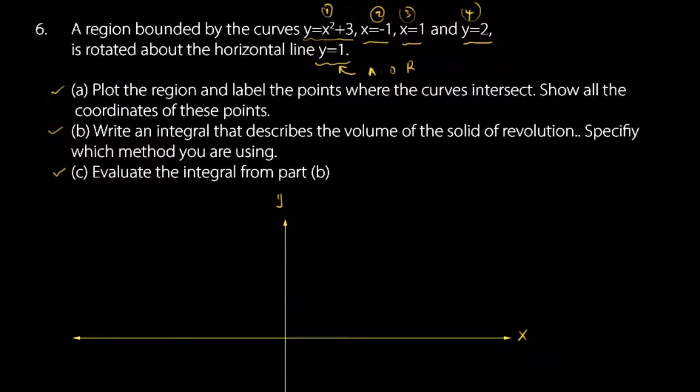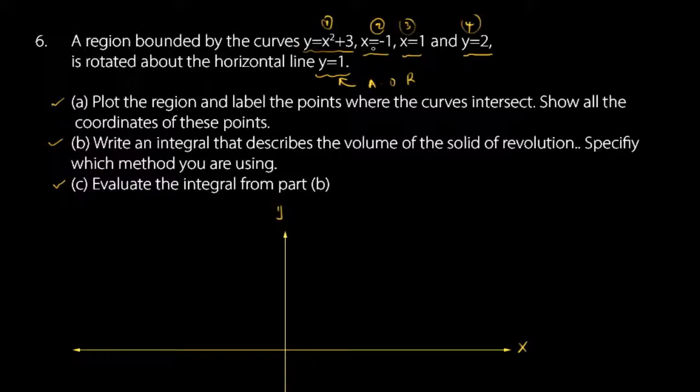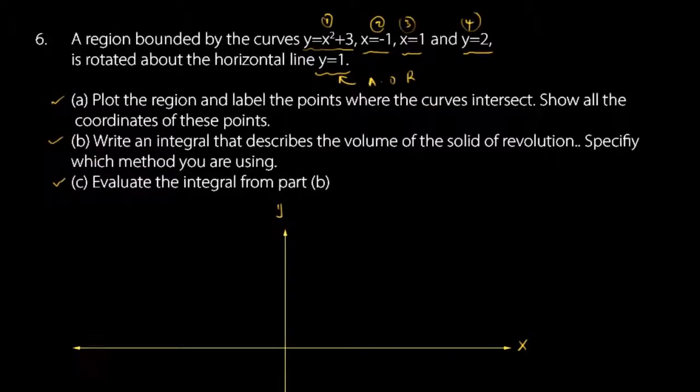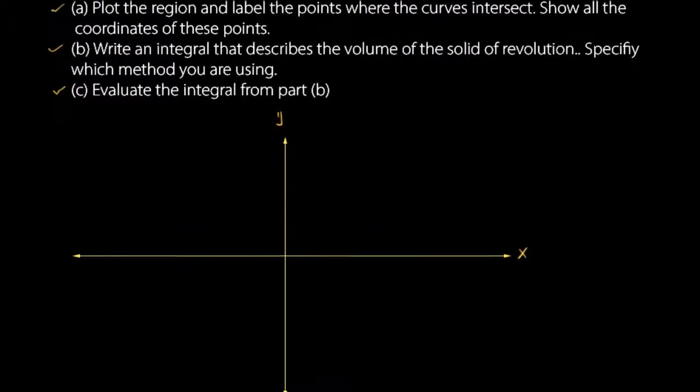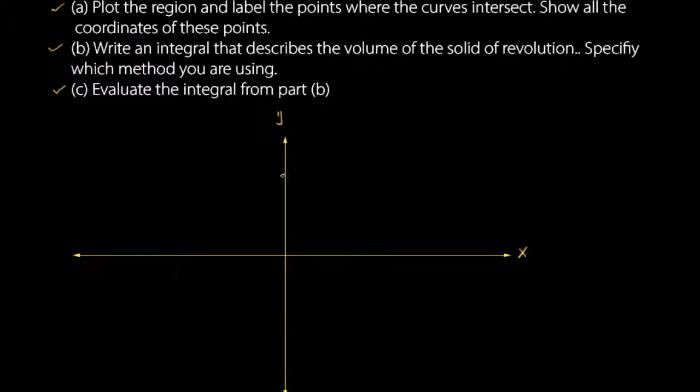Next, you want to include all the 4 curves you've been given. The first one says y equals x squared plus 3. That's just going to intersect at this point here. Let's use a different color.